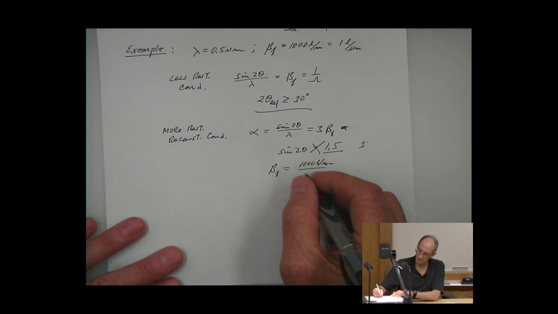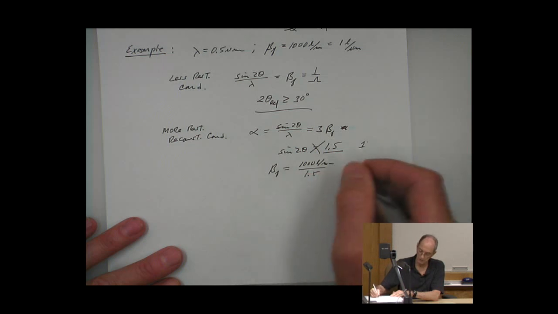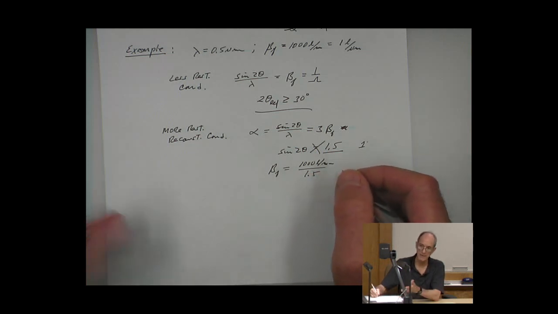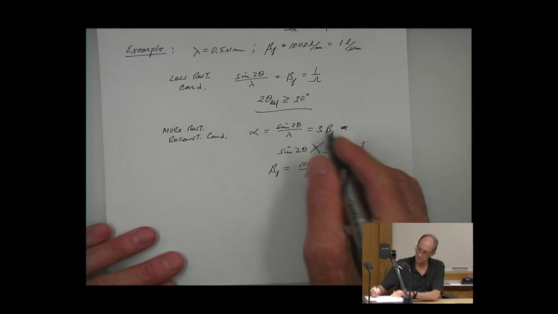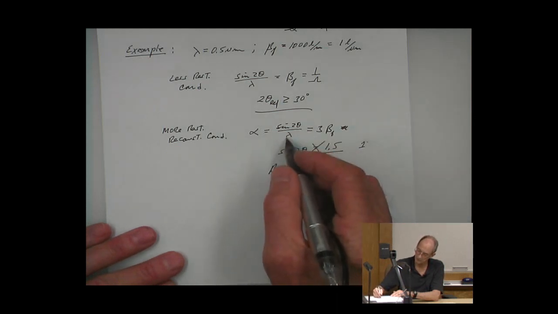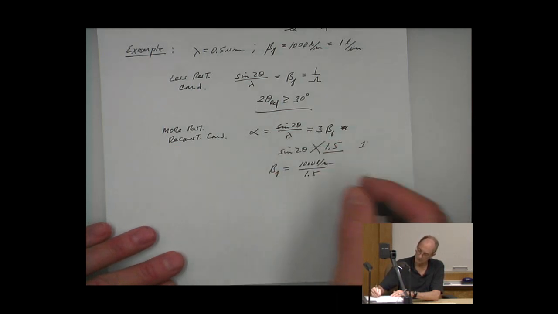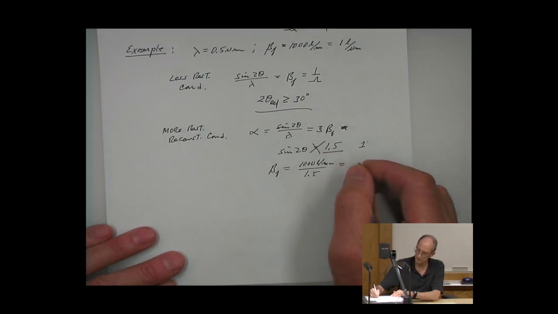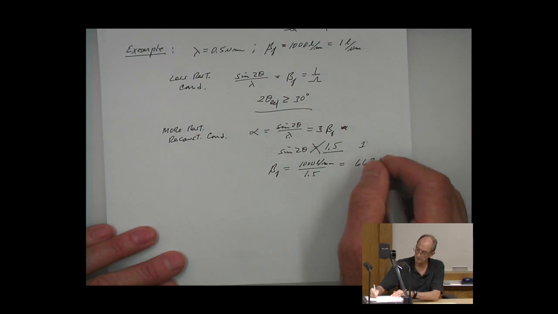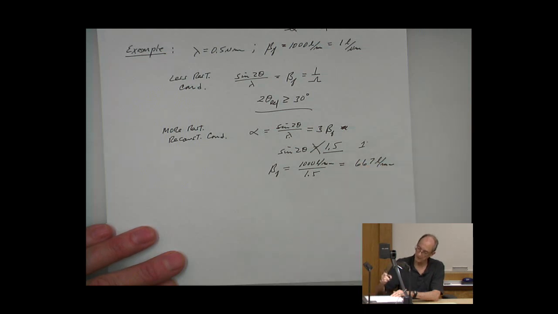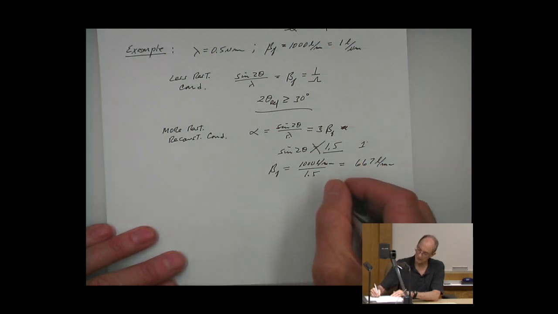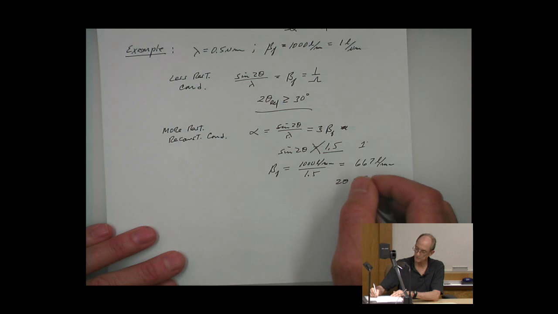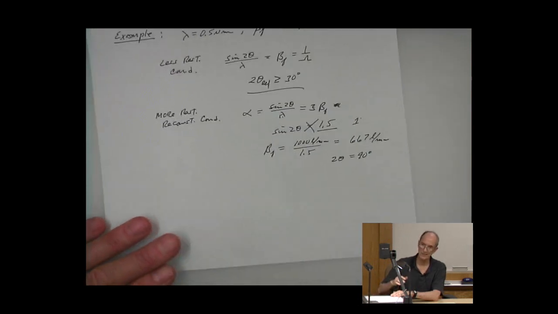Okay, so which is 3 times half a micron, right? And so that means that our spatial frequency is going to be like 667 lines per millimeter, but that assumes that the angle that we have, this 2 theta, is equal to 90 degrees, which is kind of hard to do.